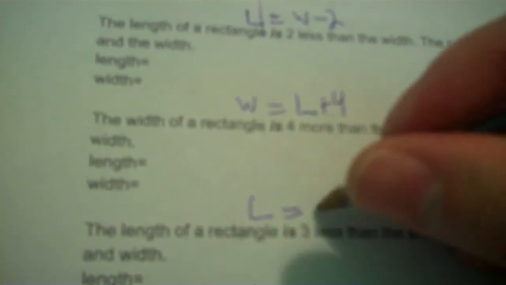Last example. The length of a rectangle is, length goes first, because that's before "is", 3 less than the width. So width, 3 less, so that'd be minus 3. Perimeter is 42 inches. Find the length and width.